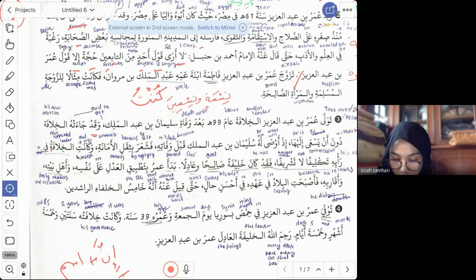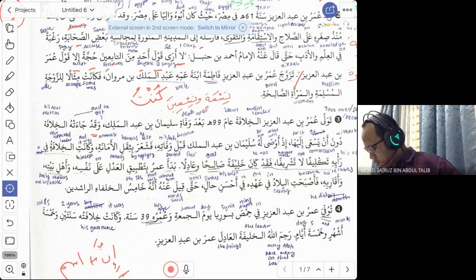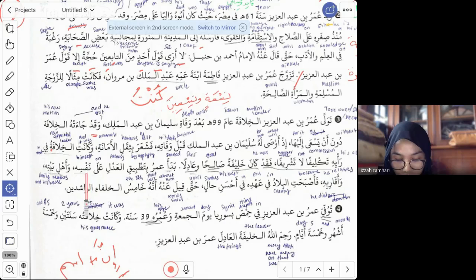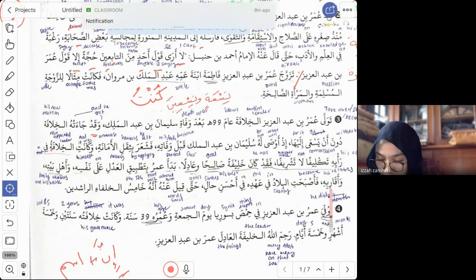Bada'a Umaru bitatbiqil adli ala nafsihi wa ahli baitihi wa aqaribihi.